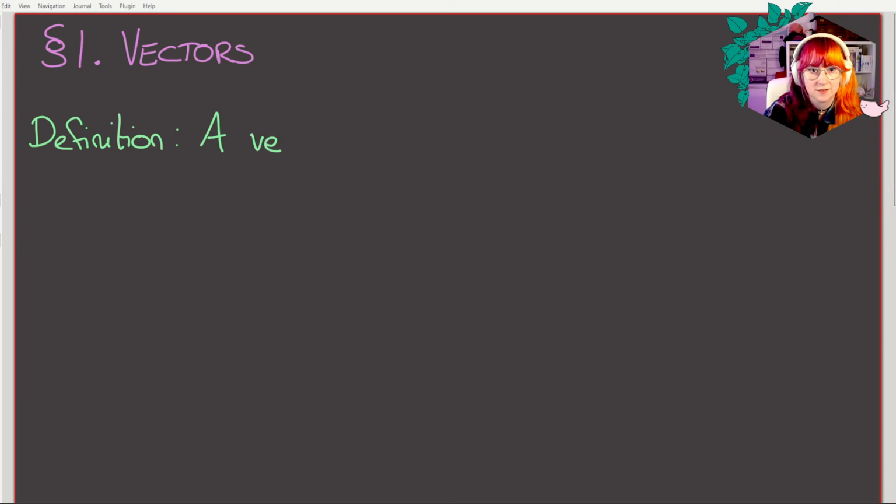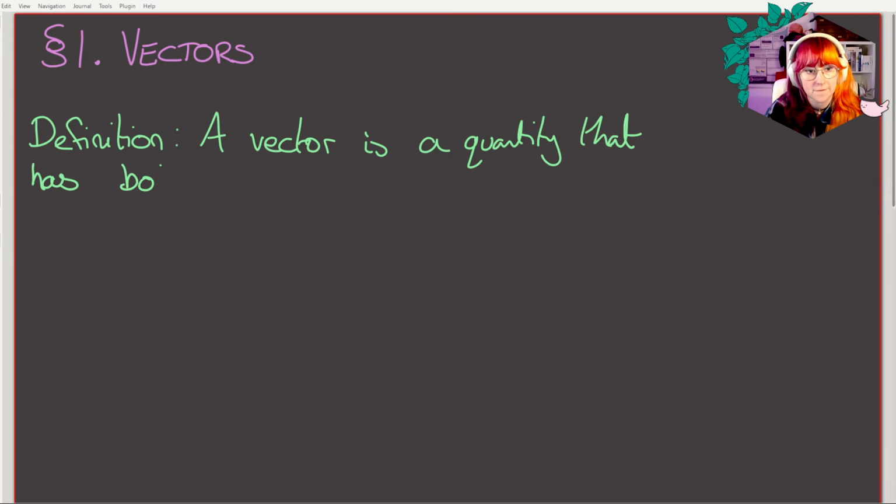So a vector is a thing, is a quantity that has both a magnitude and direction.